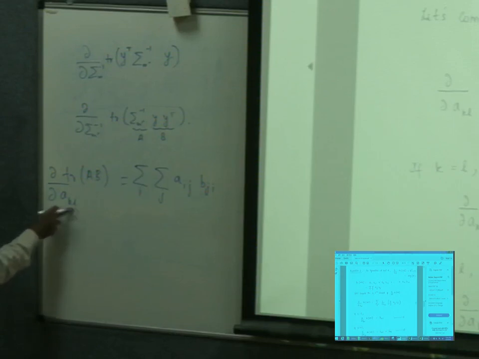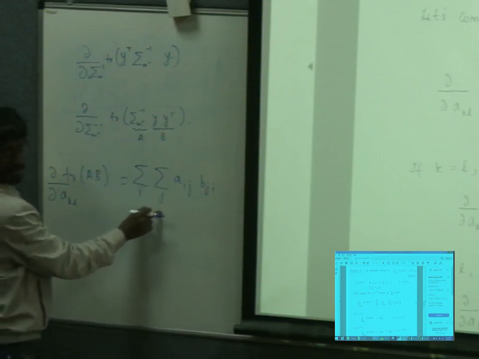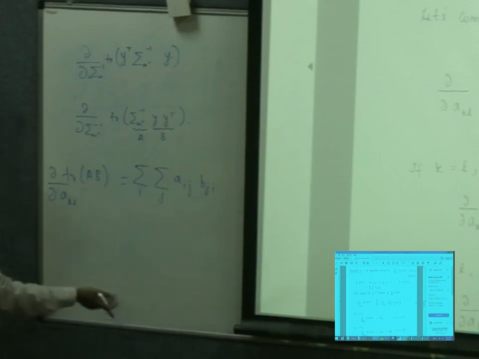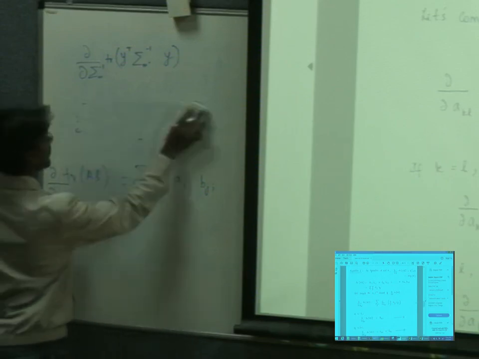I chose these indices because I don't want to confuse you, since ij were already used here. Even in this case, as A is a symmetric matrix, we will deal with two separate cases: where K and L are equal, and the other case where they are not equal.